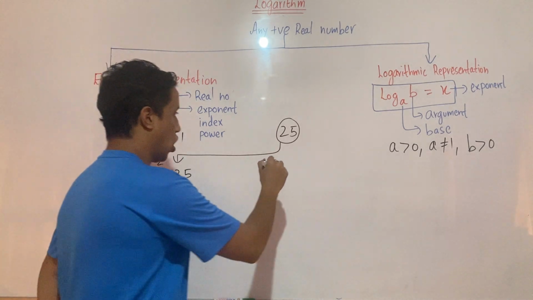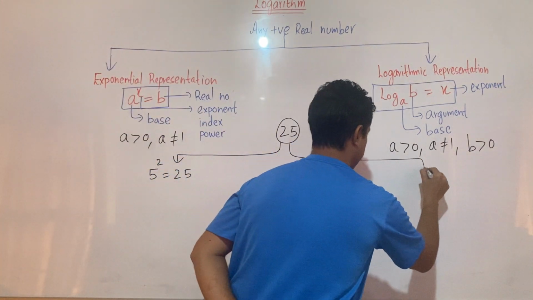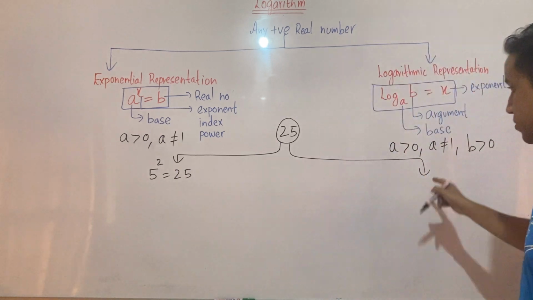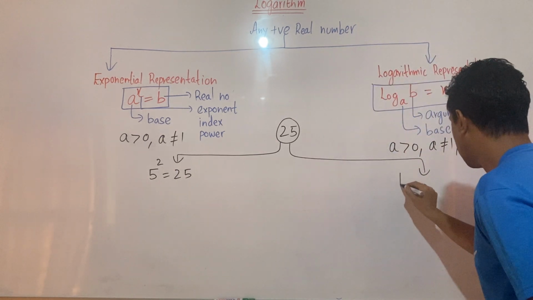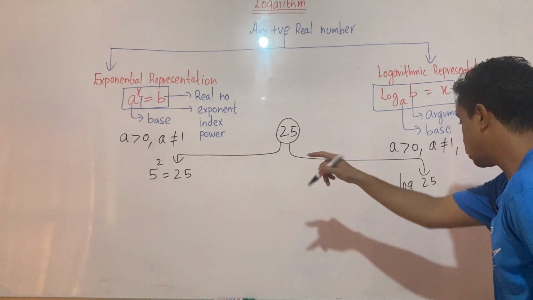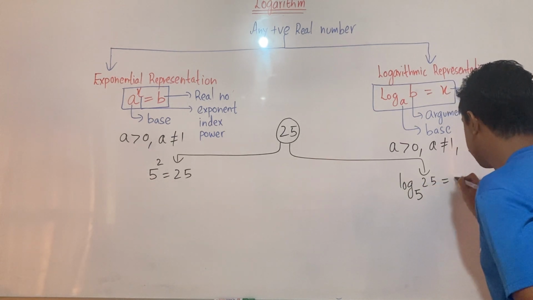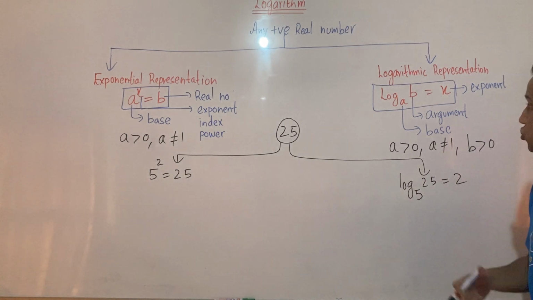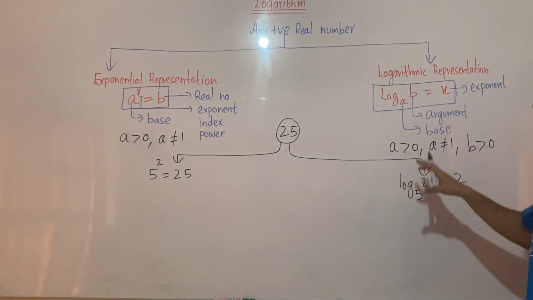On the other side, it can be represented as log 25 to the base 5 is 2.